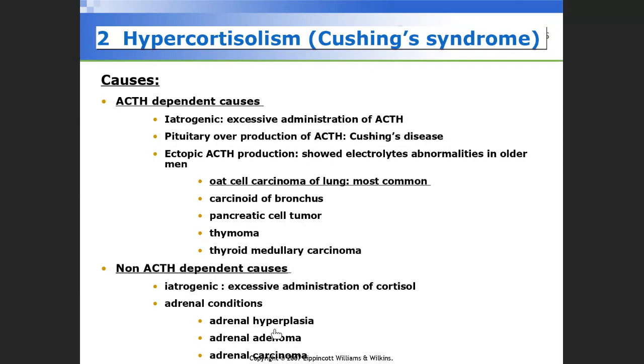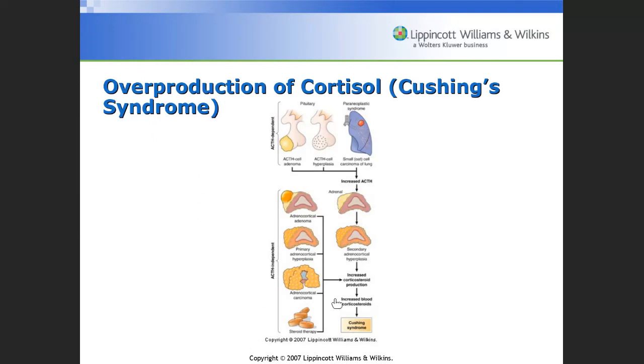What happens is that typically you're going to have a tumor in the adrenal cortex itself putting out these hormones, causing high steroid levels, and then through negative feedback, ACTH will be low. For overproduction in Cushing's syndrome, you can have tumors in the lungs, oat cell carcinoma, a paraneoplastic syndrome.